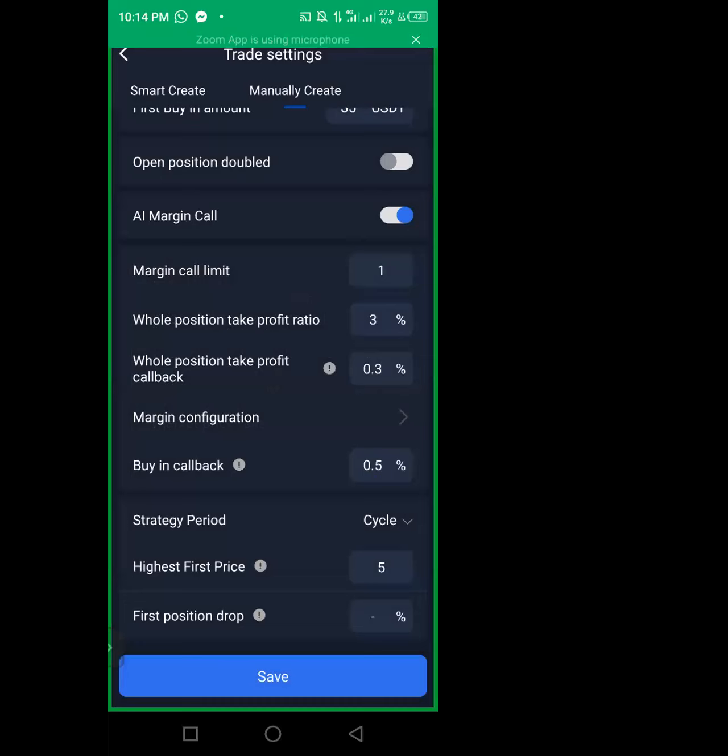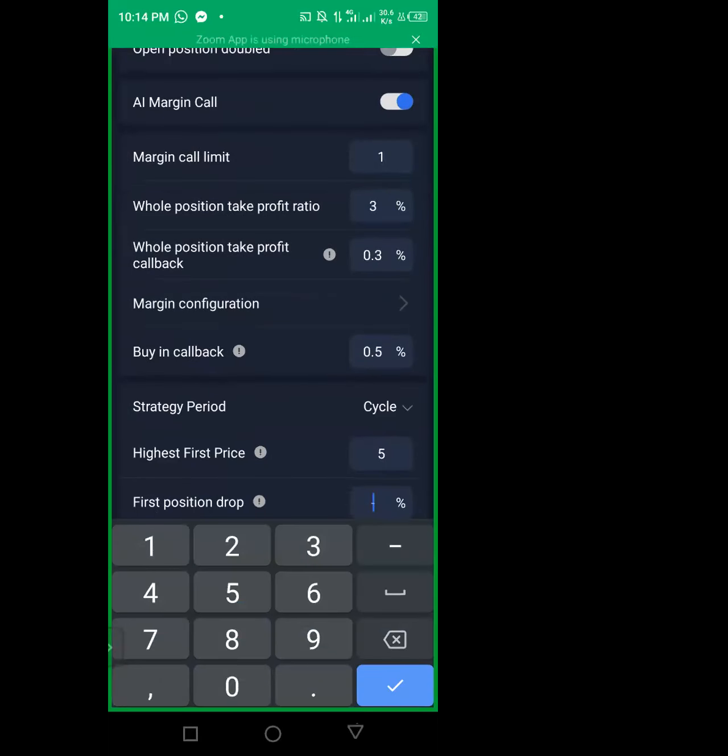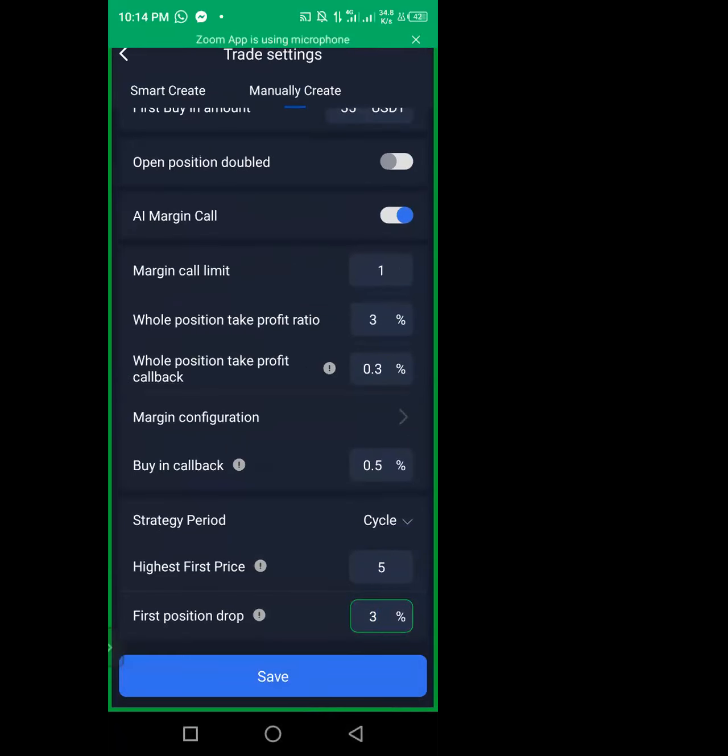So all these settings are for cycle traders. The first position drop, maybe for instance, we put it at 3, and you are trading this first position drop, and the robot starts trading for you. If you are on cycle, you have made a profit of like 3%. The return rate has increased more than 3%, to 4%, 5%.